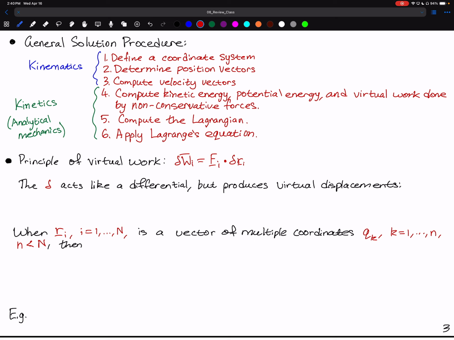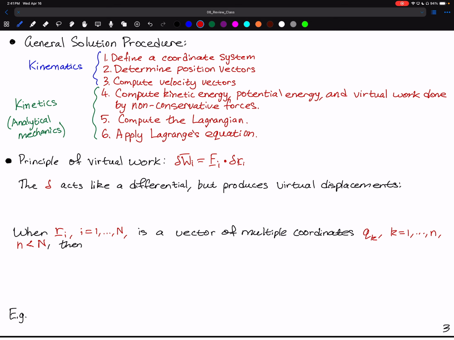And we're going to do this over every single force. So we listed here with the subscript i, so i will equal 1 to however many forces are applied to the system. All right, so this delta character acts like a differential, but it produces virtual displacements.